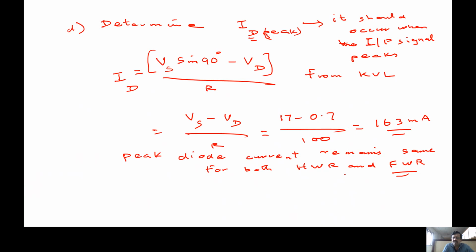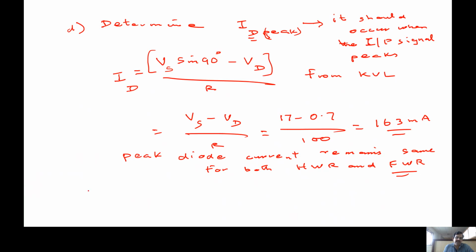Only difference is in bridge rectifier we use 4 diodes, whereas in traditional full wave rectifier, we use only 2 diodes. In which case, in the latter case, only 1 diode conducts in one half of the cycle, whereas in bridge rectifier, you have 2 diodes conducting in one half of the cycle. So we got to be very precise about what we are writing. As long as we understand what we are writing, we are okay. Peak diode current remains same for both half wave rectifier and a traditional full wave rectifier.